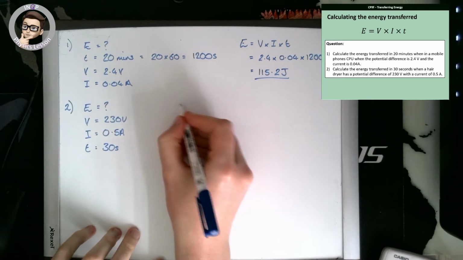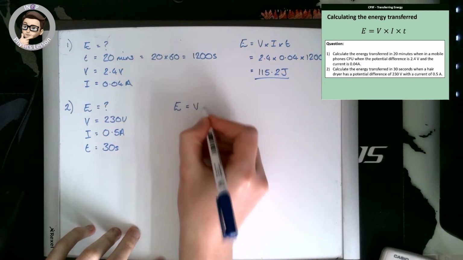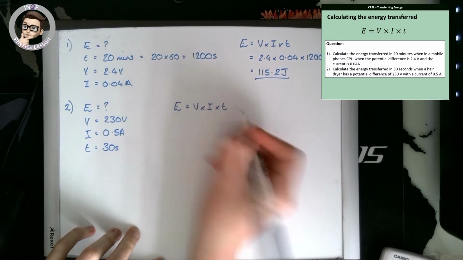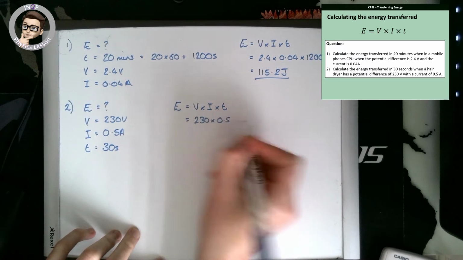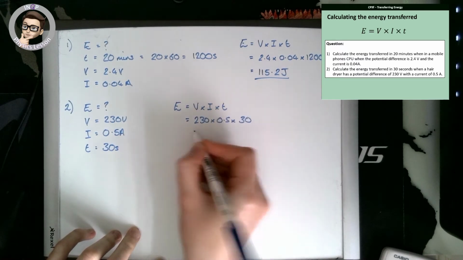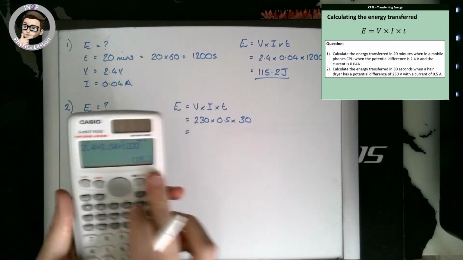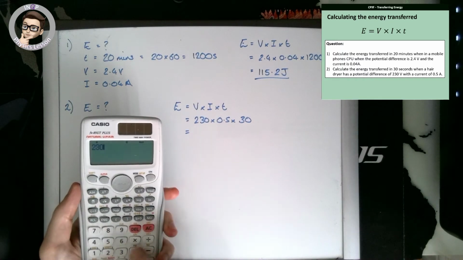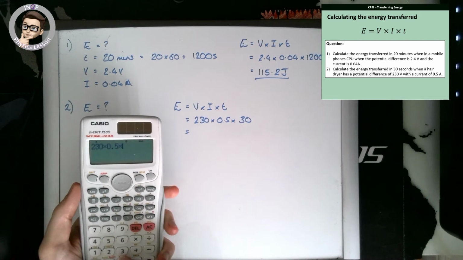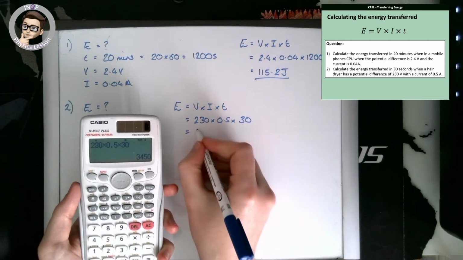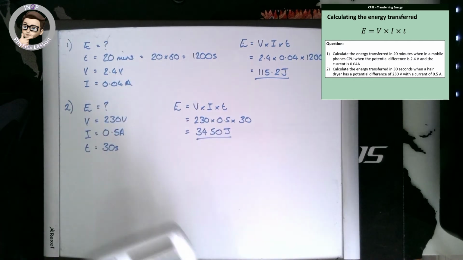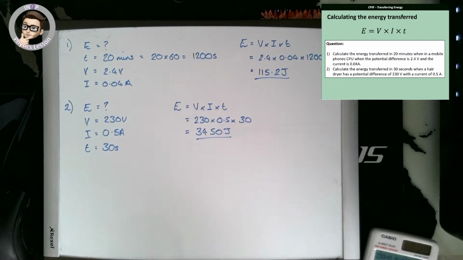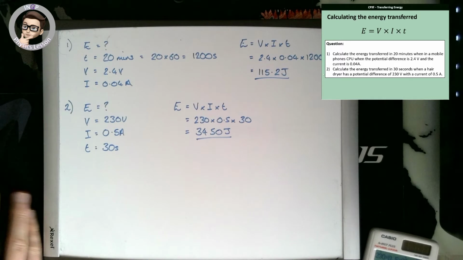So we're going to write our equation again. E equals V times I times T. Put our numbers in. 230 times by 0.5 times by 30. Work it out on our calculator. So 230 times by 0.5 times by 30 will give us an answer of 3,450 joules. Okay, well done if you got both of those correct. That's absolutely fantastic.